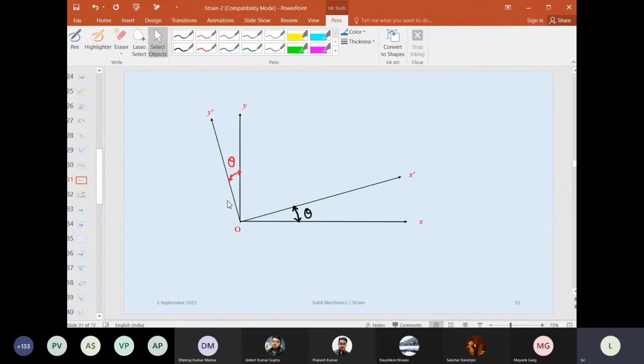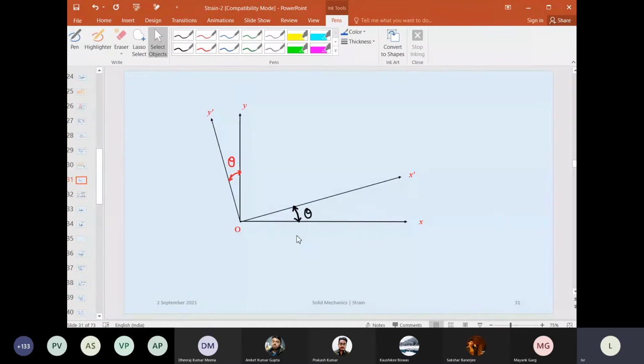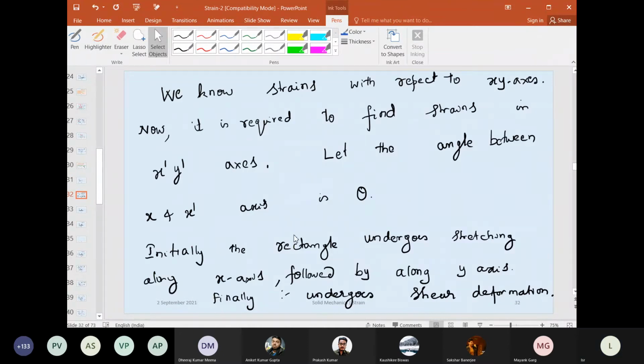Let us try to find strain in the x prime y prime coordinate. The angle between the axes is theta, shown here. Now let us say initially the rectangle undergoes stretching along the x-axis, followed by stretching along the y-axis. Finally it undergoes shear deformation.